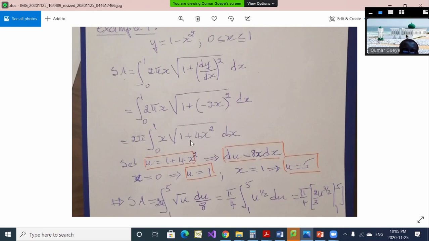You just substitute here, u is going to be root of u. By using the power rule, as I mentioned before, we'll get this. And use the FTC now.